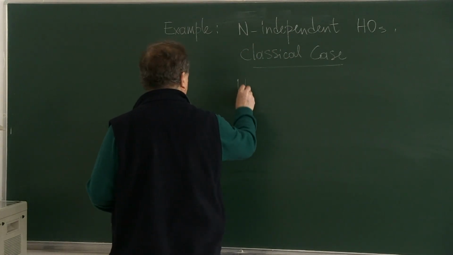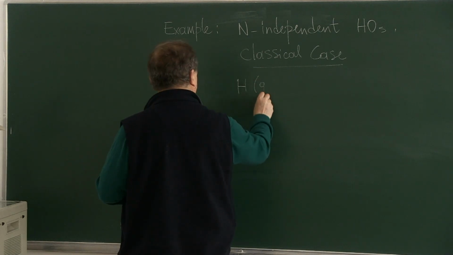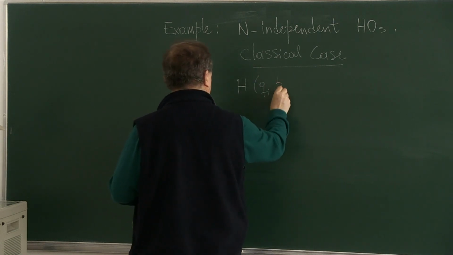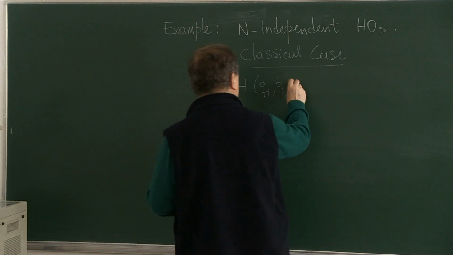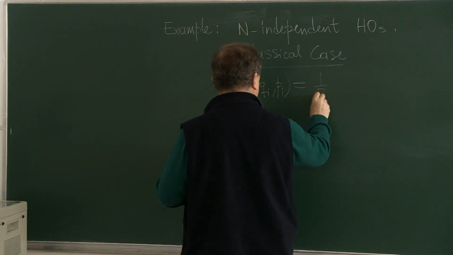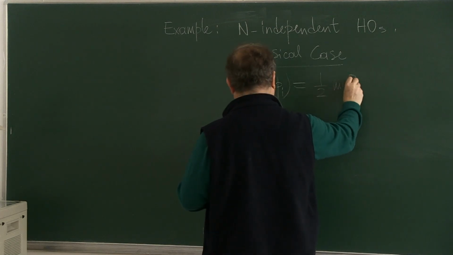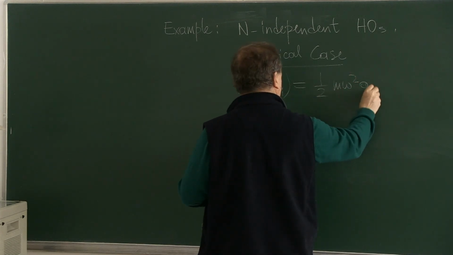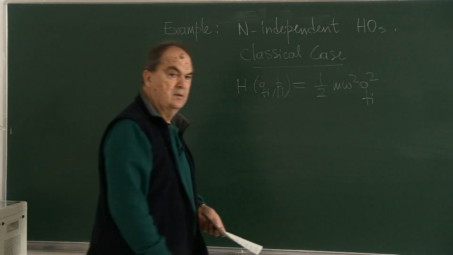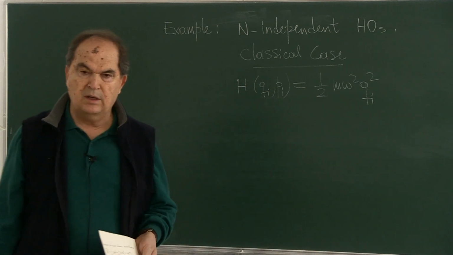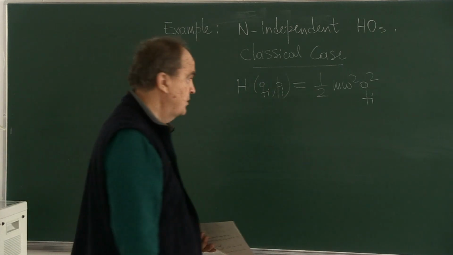The Hamiltonian for the ith one is the 1/2 k q squared term.